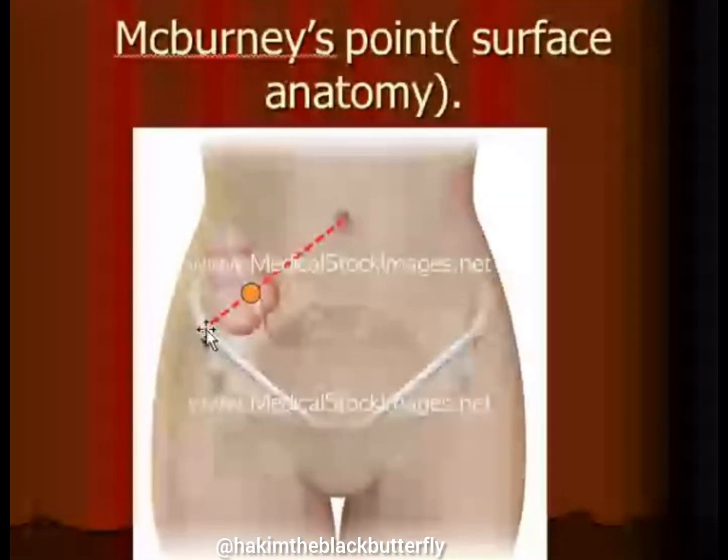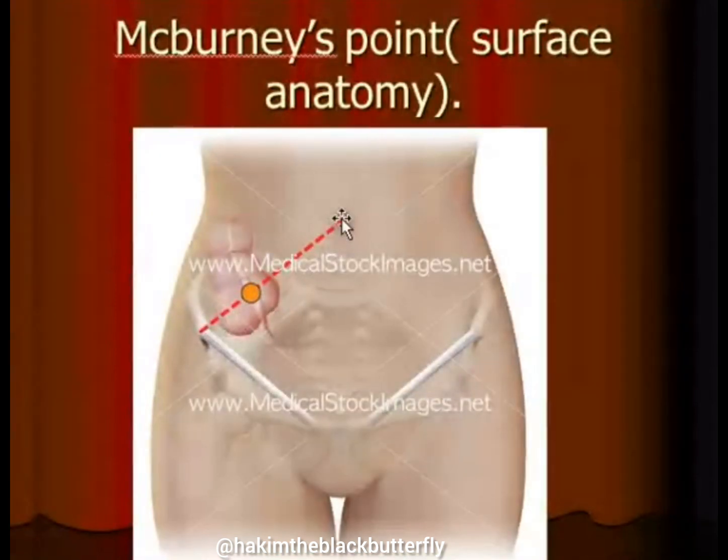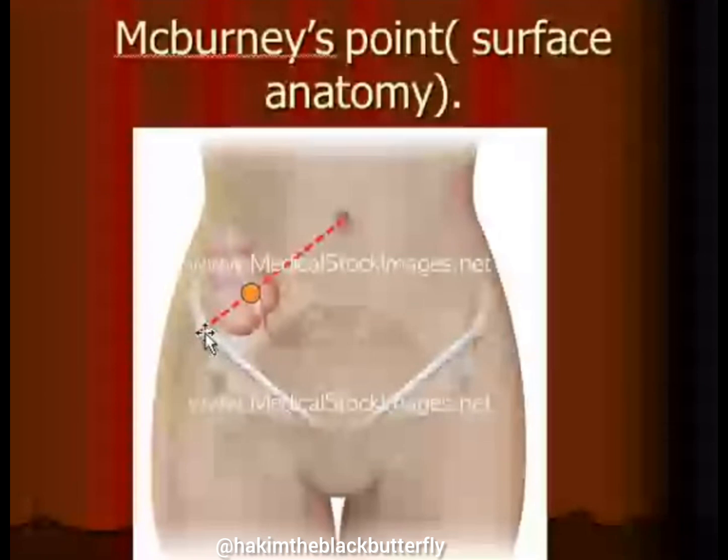So how can this line enable me to identify McBurney's point? I move 1/3 of the distance up from the anterior superior iliac spine along the line between the anterior superior iliac spine and the umbilicus.